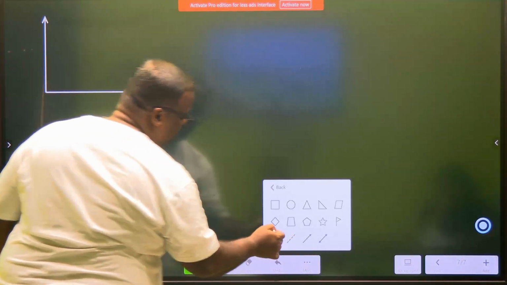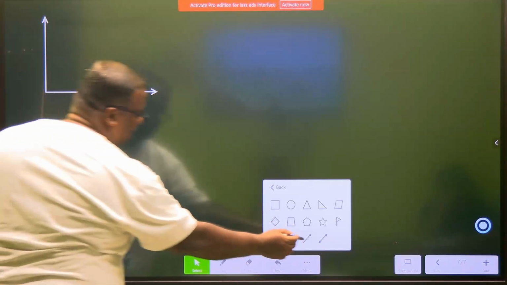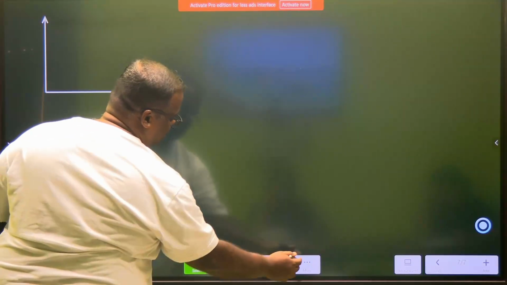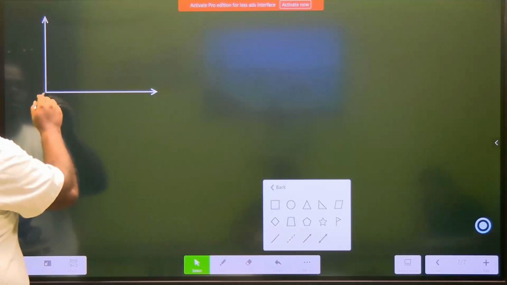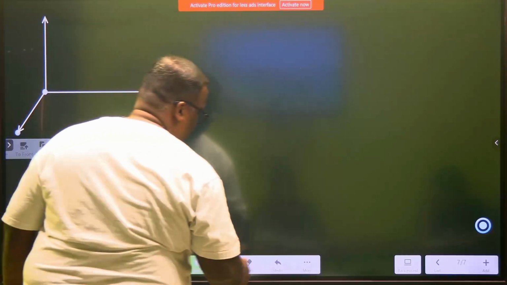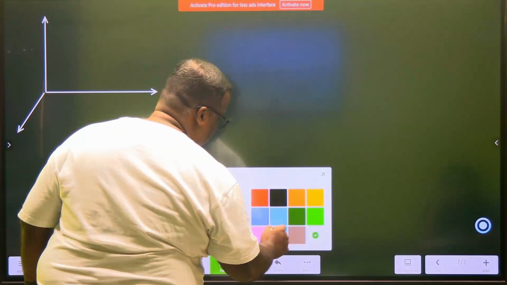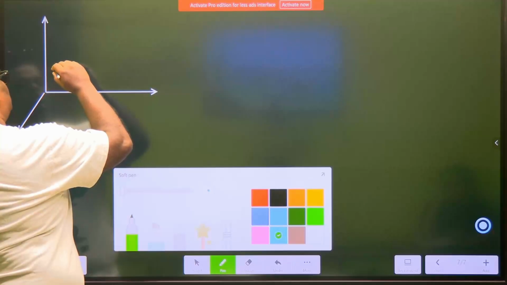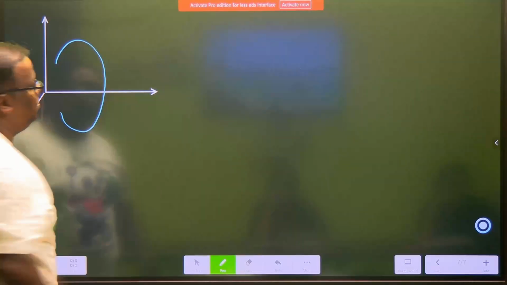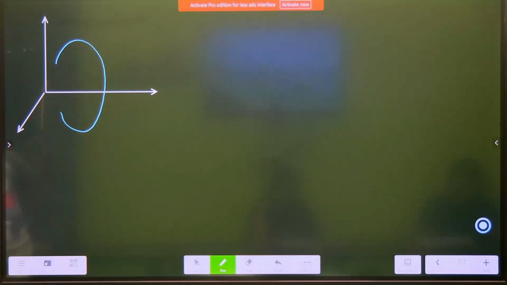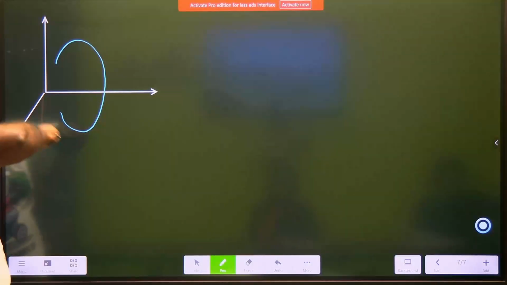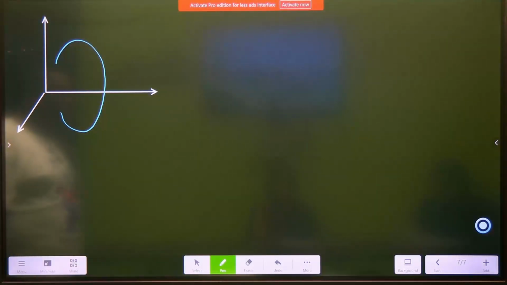If the velocity is perpendicular to the magnetic field, then the type of motion that you will have is a circular motion. The motion will be like this. Are you understanding? Suppose the velocity is in this direction, the magnetic field is in this direction, the particle will be in a circular motion.